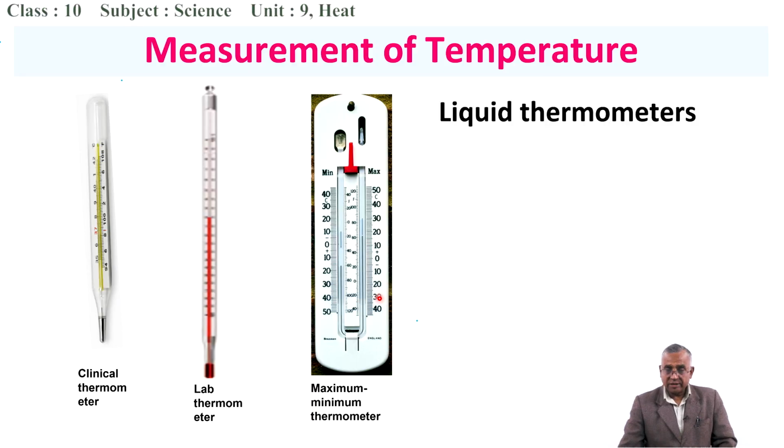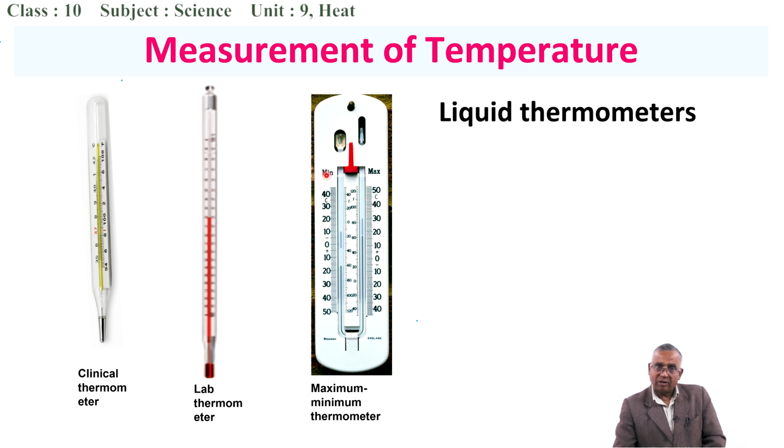Okay. That is the maximum minimum thermometer, which is used to measure the maximum and minimum temperature of the 24 hours. And here I am not going to discuss its working method, but you should know that at maximum temperature the indicator moves up and remains at a point. It does not fall down itself.